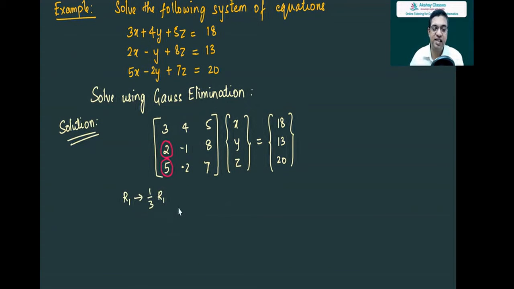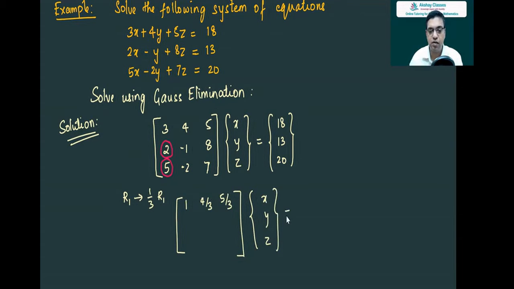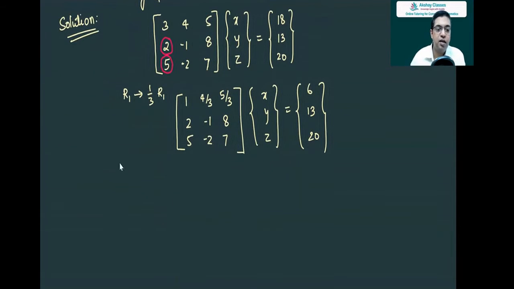This will make it easy to eliminate. 1, 4 by 3, 5 by 3, 6 13 20, 2 minus 1 8, 5 minus 2 7. Now R2 as R2 minus 2 R1, R3 as R3 minus 5 R1.